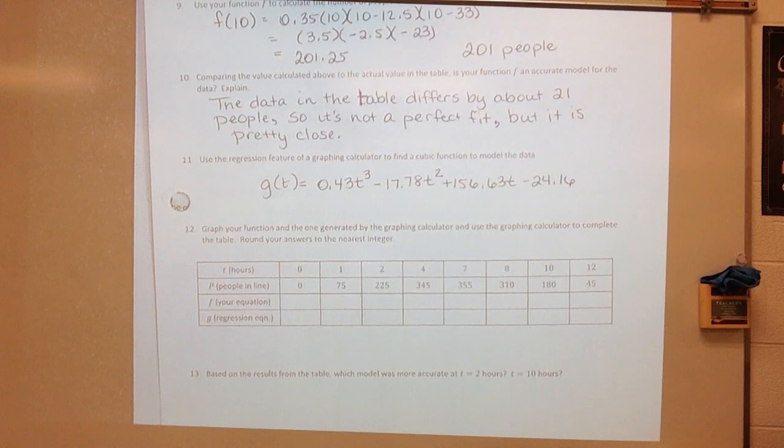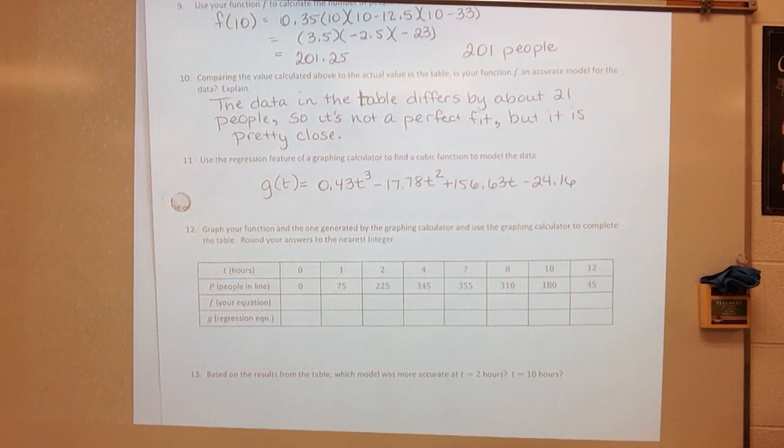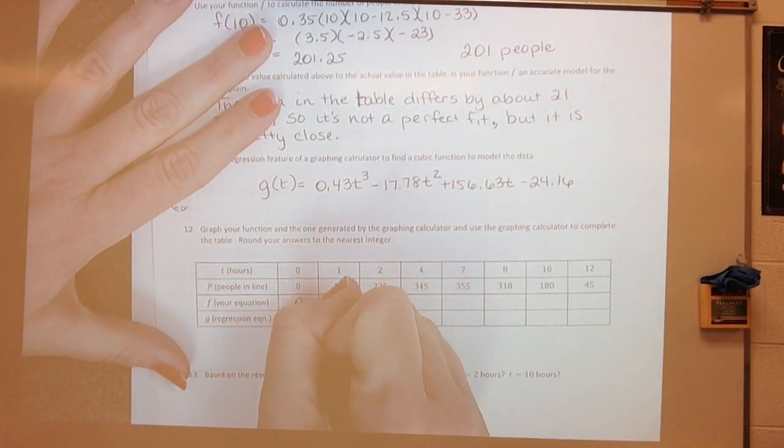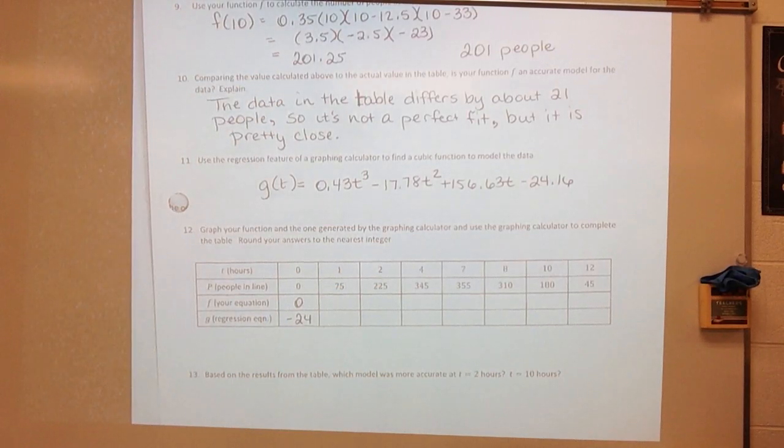Graph your function and the one generated by the graphing calculator and use the graphing calculator to complete the table. Round your answers to the nearest integers. Alright, so if we were to graph ours and graph the one that they gave us, then this is what we would end up with. Our equation would give 0, the regression would be negative 24.